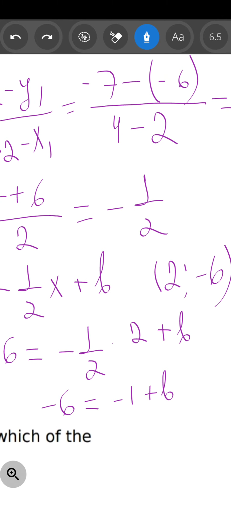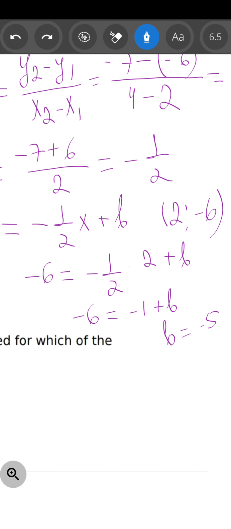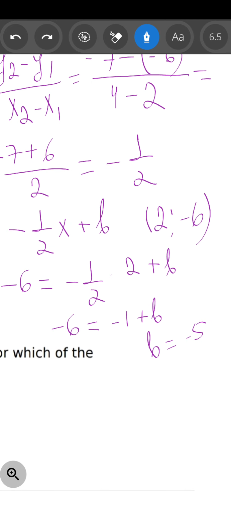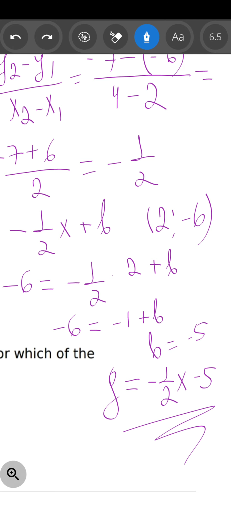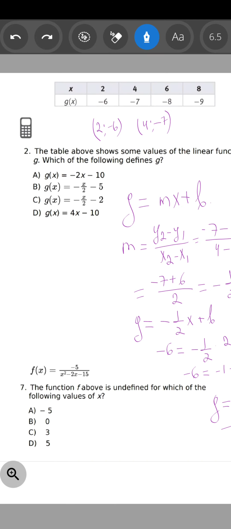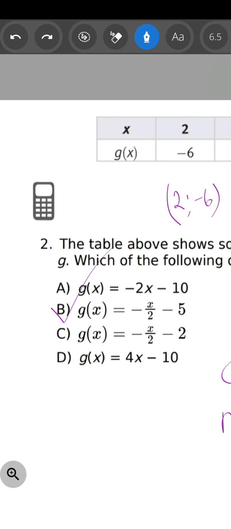If we add 1 to both sides of this equation, we'll get that b equals -5. So the slope-intercept equation of our straight line will be g equals -1/2 x minus 5. So the true answer will be B.